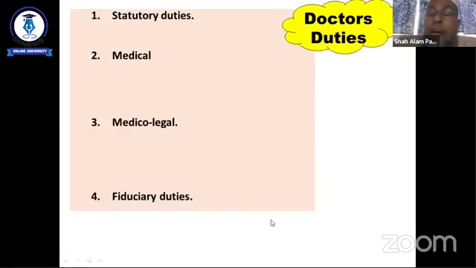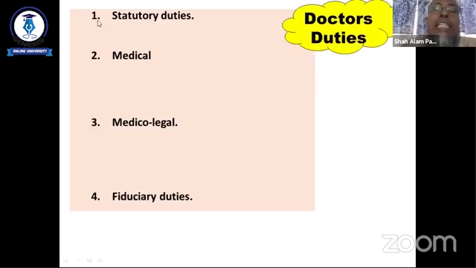Now come our duties in a nutshell. You can go through the Essentials of Forensic Medicine by KSN Reddy, or you can follow these from Parikh's textbook of forensic medical jurisprudence.